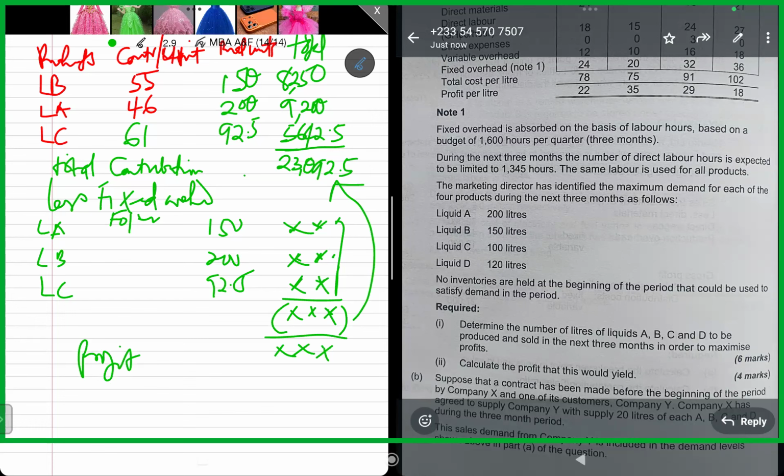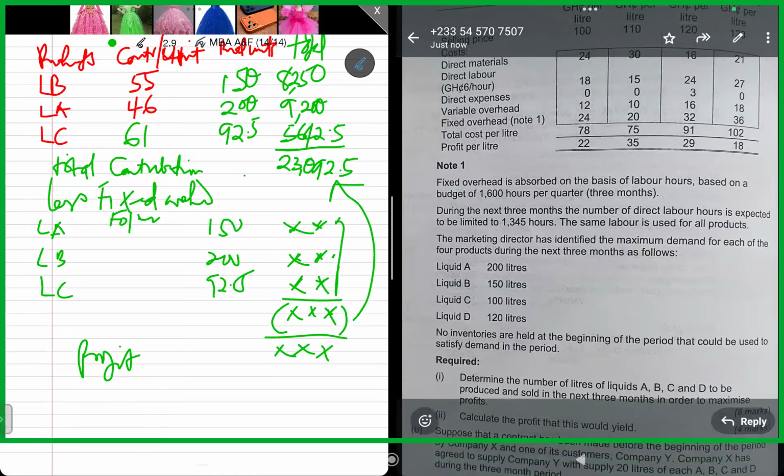Yes. Why? Because the question they gave us, fixed overhead is 24, 20, 32, 36, and this is fixed overhead per liter. Are you good? But look at note 1. It says fixed overhead is absorbed on the basis of labor hours based on a budget of 1,600 hours per quarter.